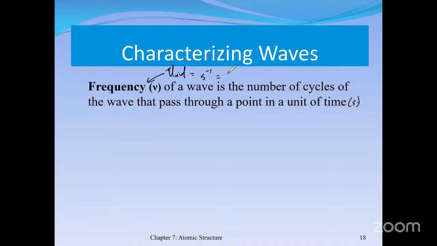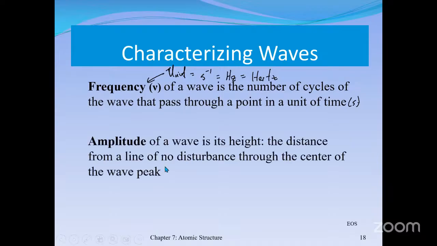And there's a special name given to that unit. It's called the hertz. So that's the hertz unit. Okay, so that's a frequency. That's another characteristic of any waveform, including electromagnetic waves.